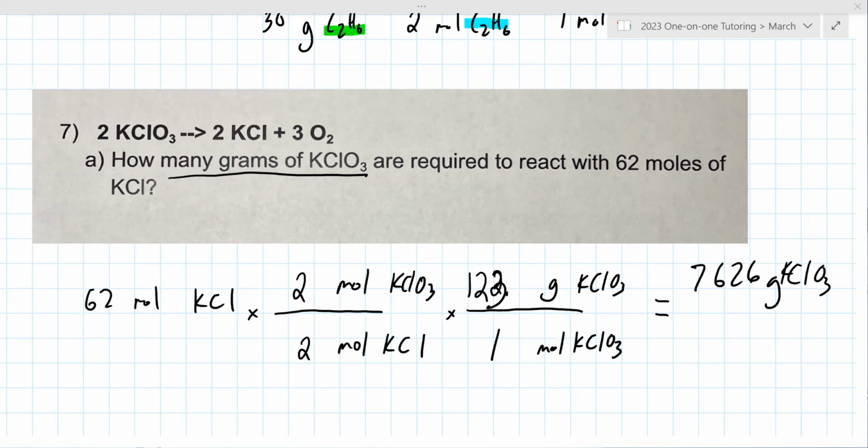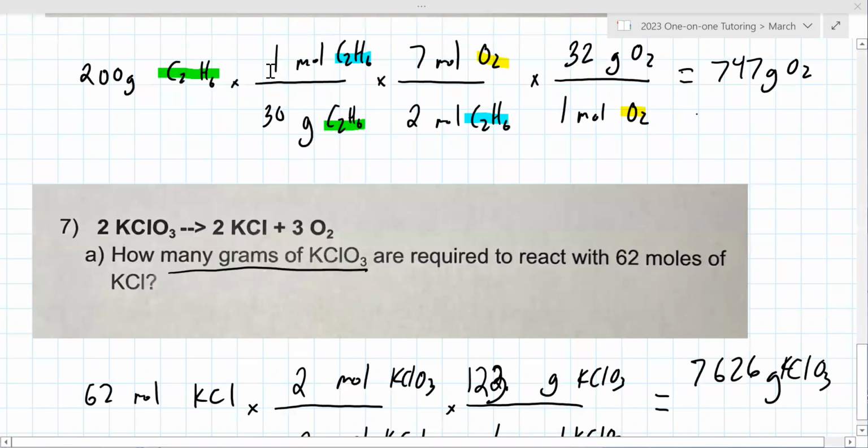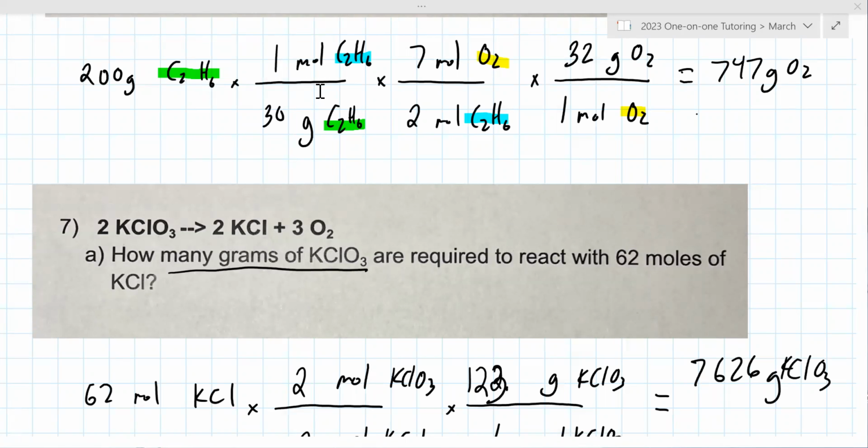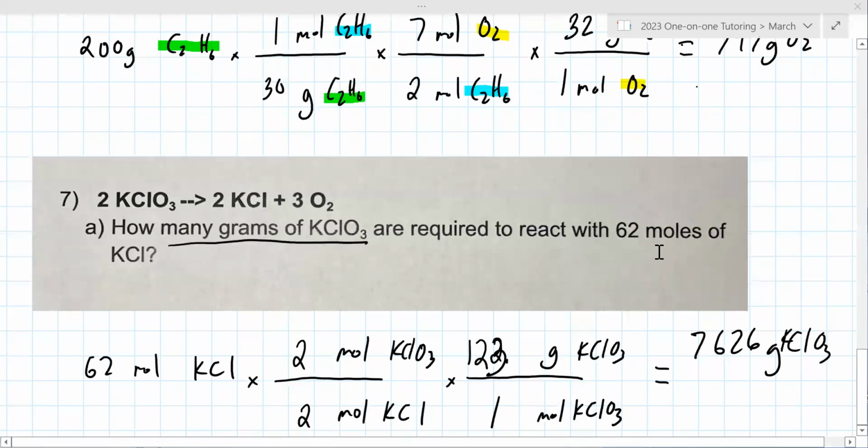Is that 1 mole always going to be in the top left? I think you're asking about what we did here, for B. That 1 mole of C2H6, that's always going to be 1 mole, that's right. And that 30 grams we just got from the periodic table.